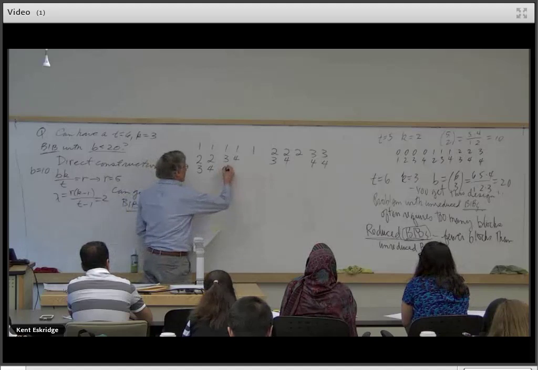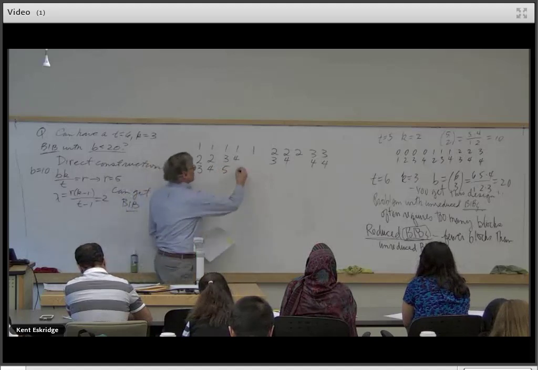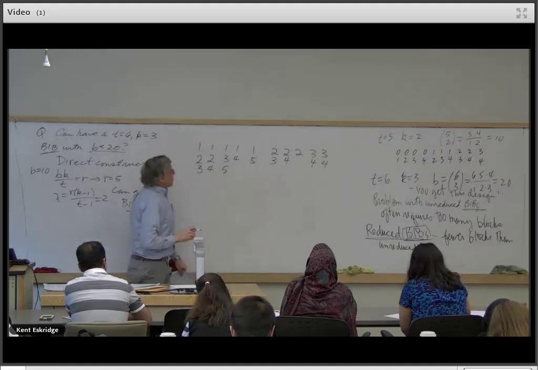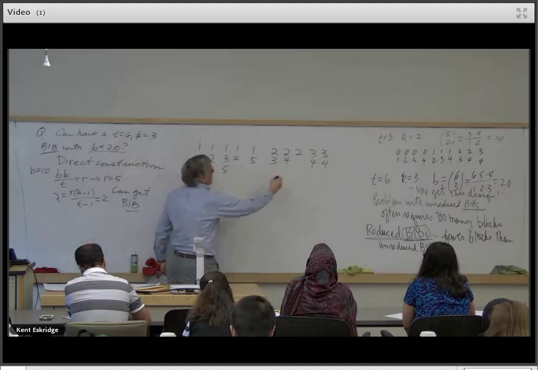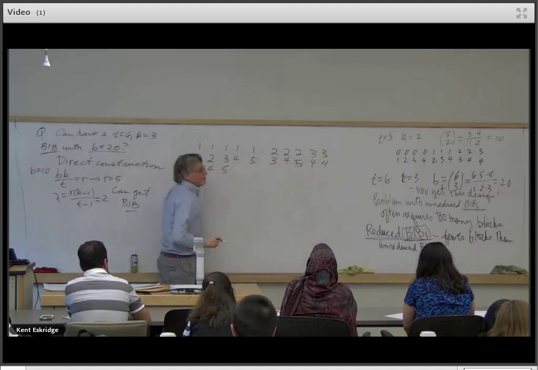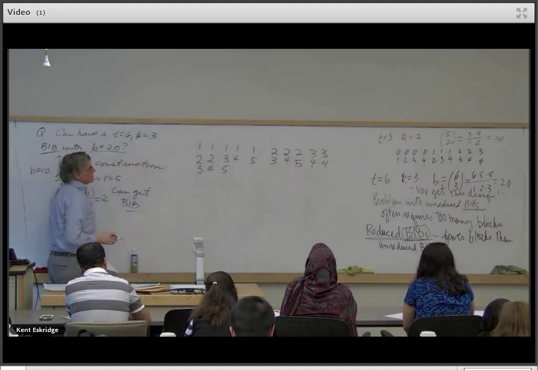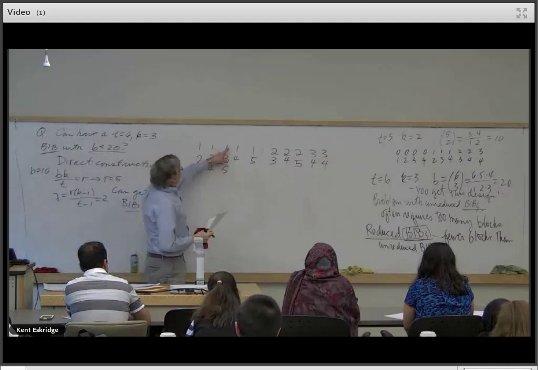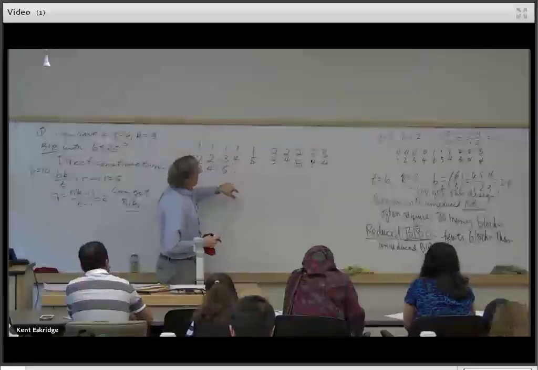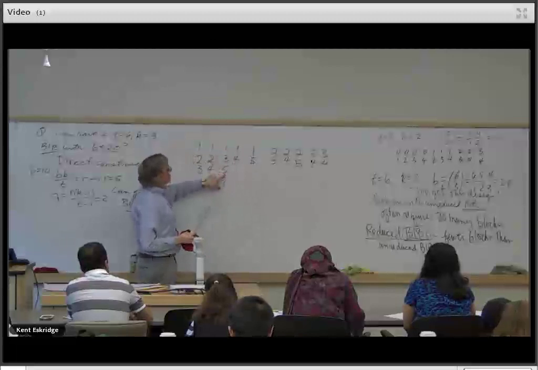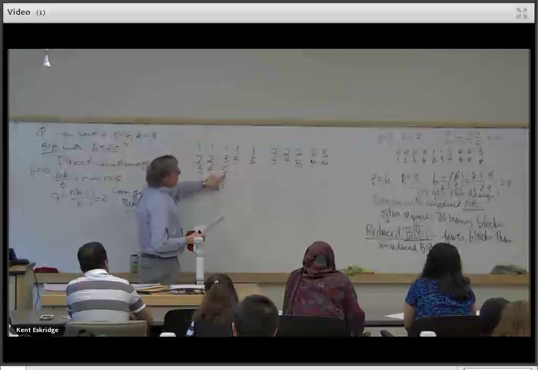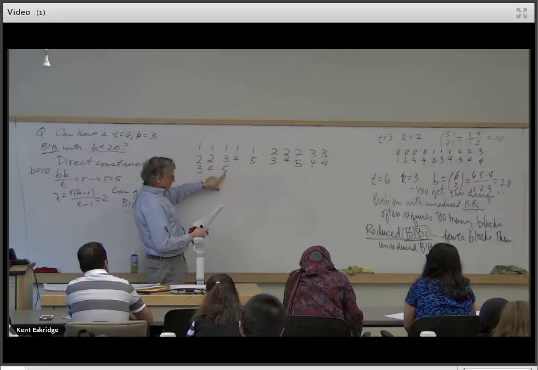Now, 5, we can do this. Well, 5 is going to have to come in these, right? Because I want to have different treatments in every block. It's got to come in there, right? So now if that's the case, I got 5 with 1 twice. I'm not even 5 with 2 yet, but let's do 5 with 3. I don't have any 5 with 3, okay?